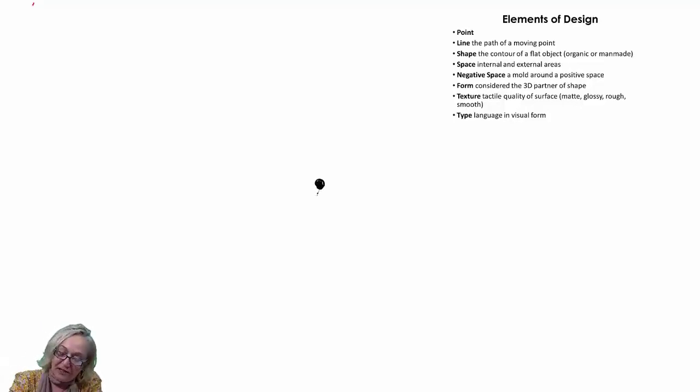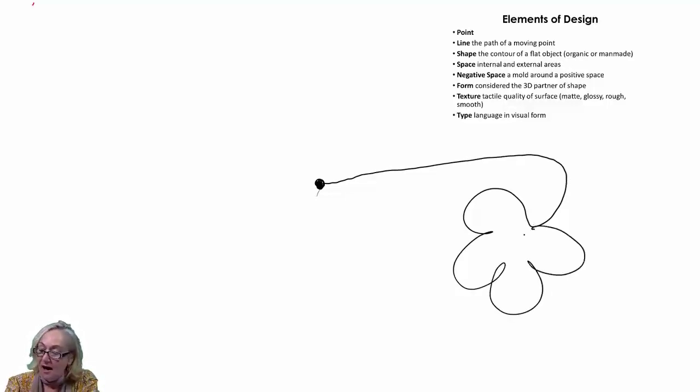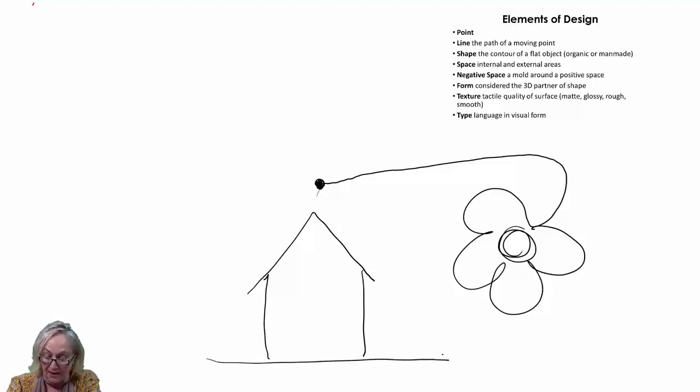Next we move into line, which is the path of a moving point. And from here we can create shapes. And you can see that what I've created there is a very organic shape. Organic shapes have naturally curvy lines, whereas man-made shapes like houses and construction, buildings, etc., even furniture, generally are very geometric.